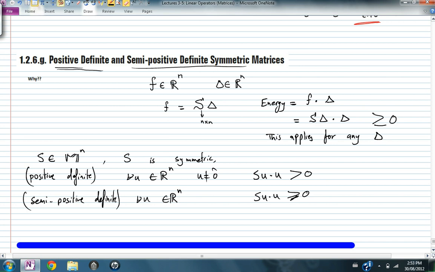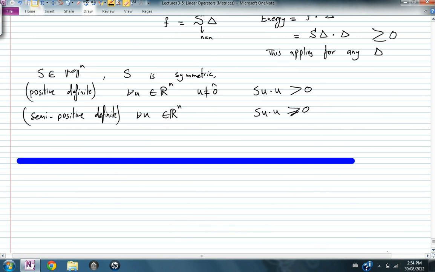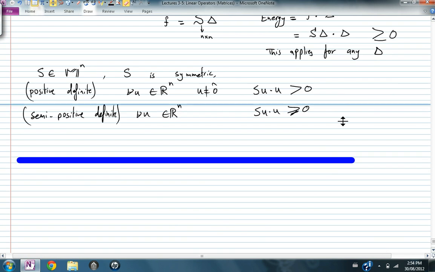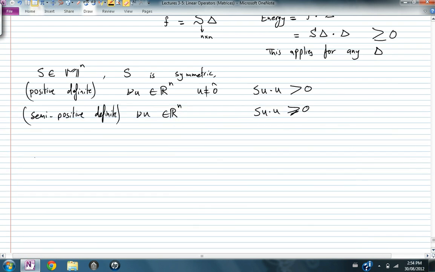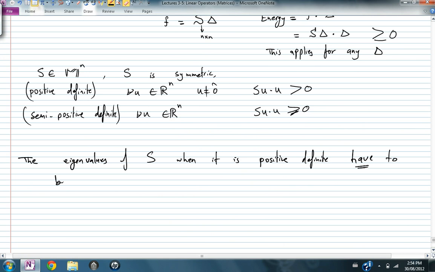So what does this mean? What does this lead to? It always leads to the following: that the eigenvalues of S, when it is positive definite, have to be greater than 0.